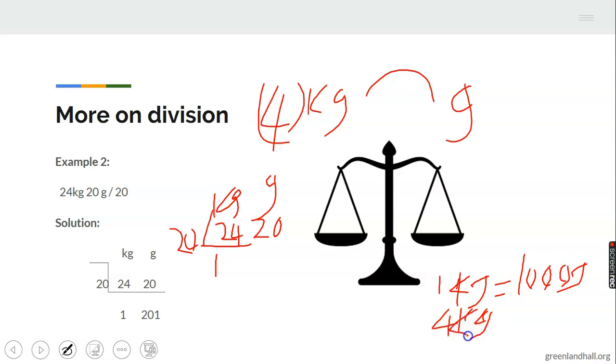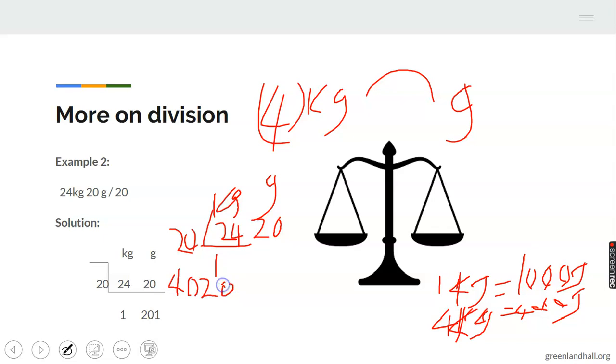Who knows it? 4 kg will give us what? Since 1 kg gives us 1000 grams, what will 4 kg give us? 4000, good. 4000 grams, good. So that means we are moving 4000 to this side. 4000. So we have our 4000 plus 20 will give us 4020.